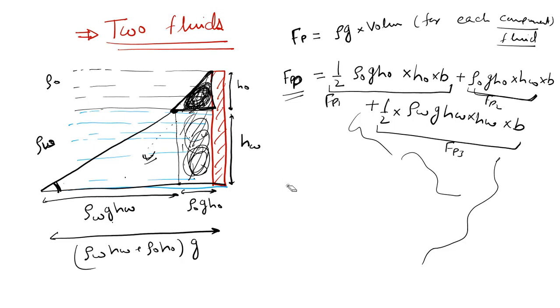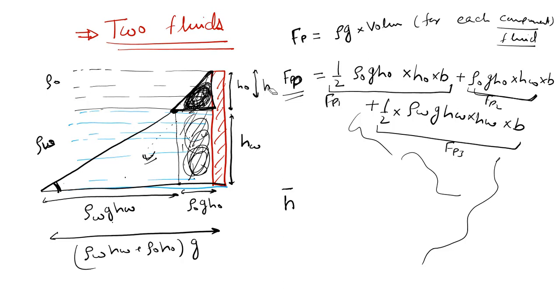Now if I want to calculate the net center of pressure, let us suppose the center of pressure is h bar. I will calculate the center of pressure for each individual component from the free surface.